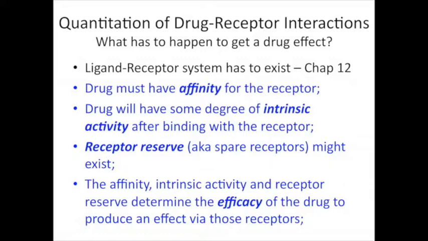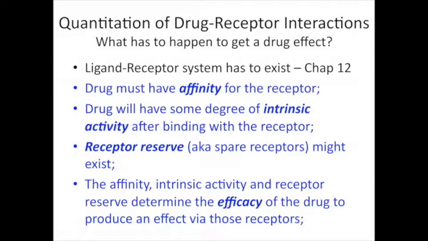And so KD is our measure of affinity. Essentially, the lower the KD, the KD figures are usually in the micromolar or maybe the nanomolar range for most drugs. If something has a lower KD, that means it has a higher affinity for the receptor, because a lower KD means the concentration of this drug to bind 50% of those receptors is lower than some other drug.